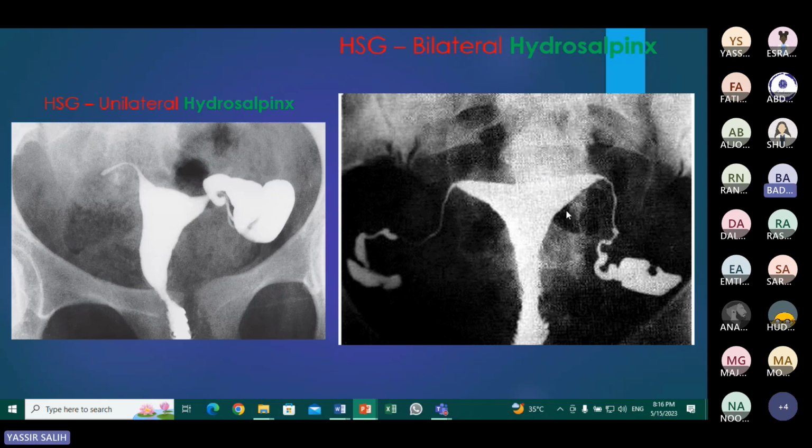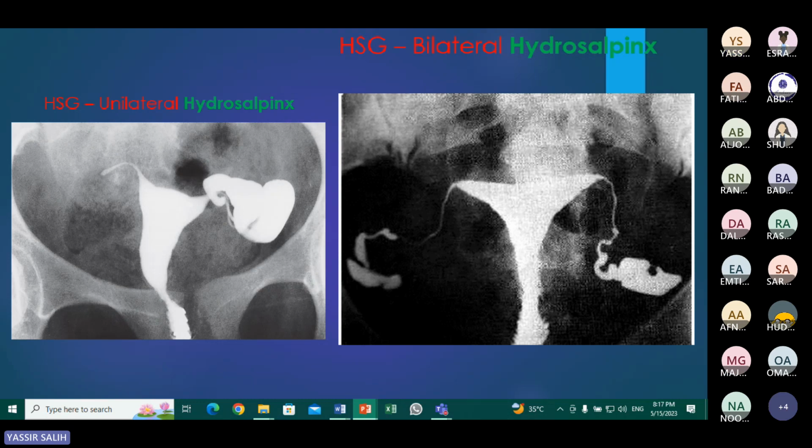Hysterosalpingography. In this one, what abnormality is demonstrated? The tubes are dilated, which is blockage. The fallopian tubes are dilated; what do we call dilated fallopian tubes?